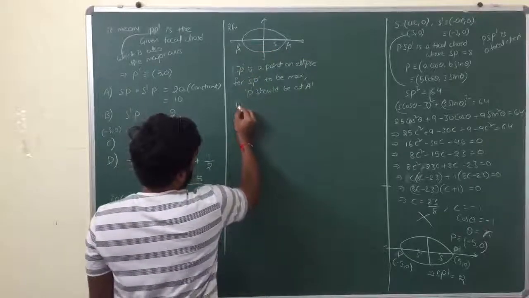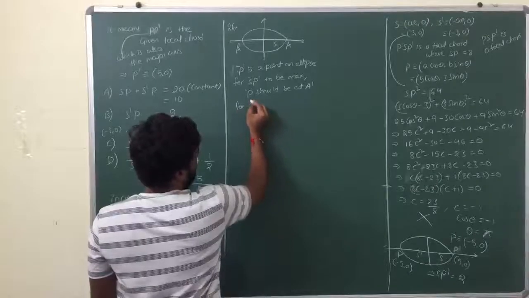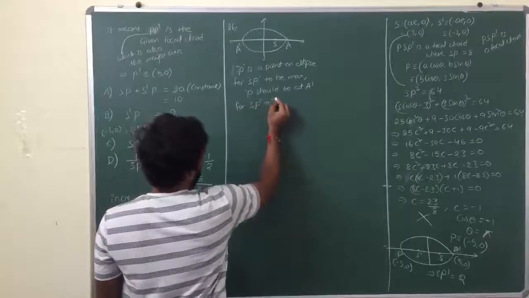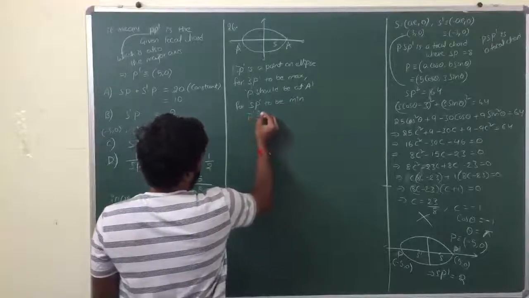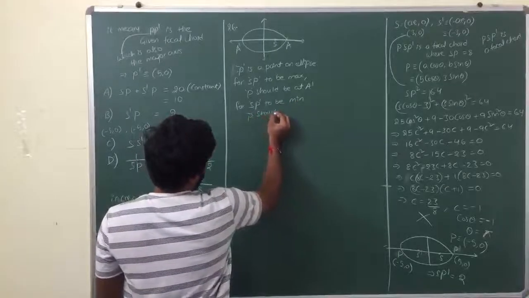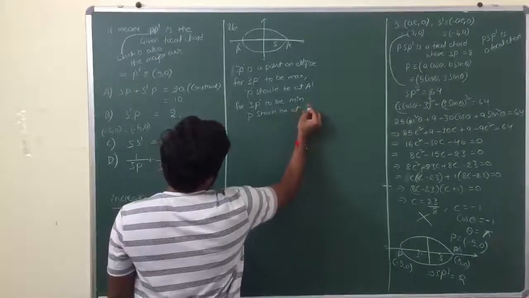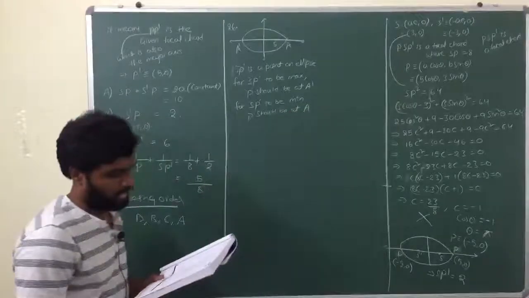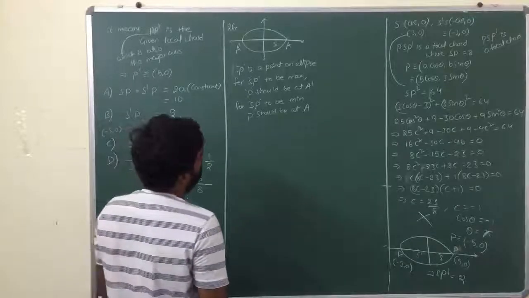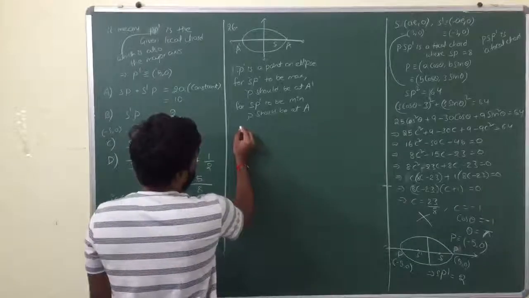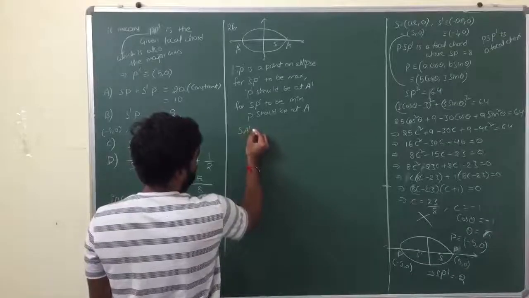Next, for SP to be minimum, P should be at A.